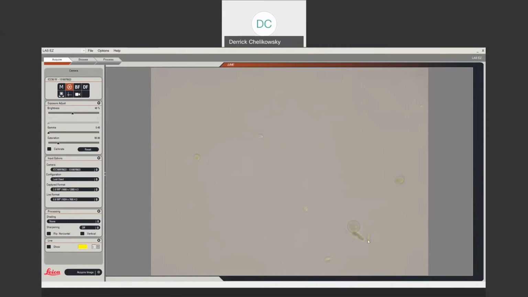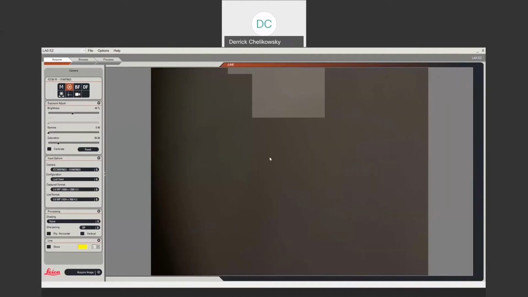A Euglena has this really strong turn to it, where a Chlorella, depending on how you look at it, can be circular to oval. We're going to focus on this group here, and we're going to see if we can get that guy, zoom in, and take a look at their flagella. So we can get a good look at the flagella.